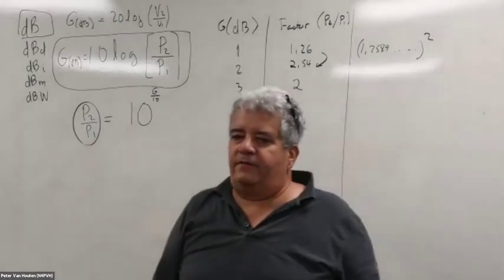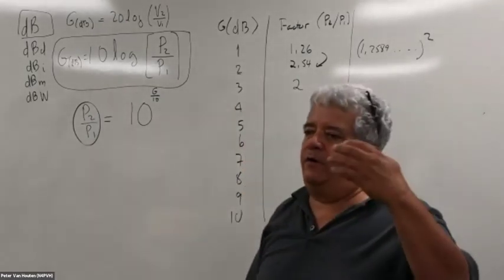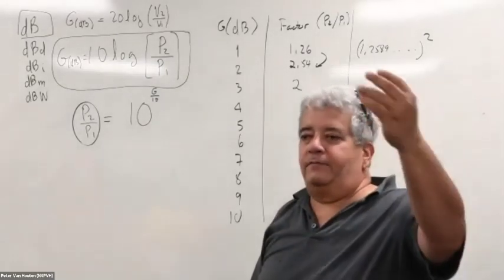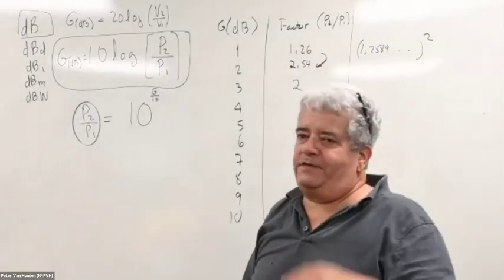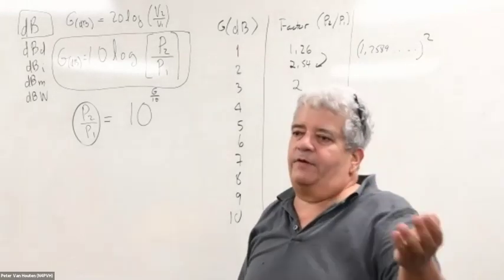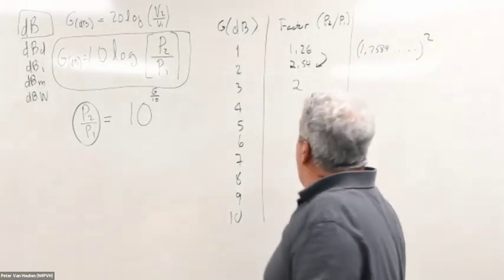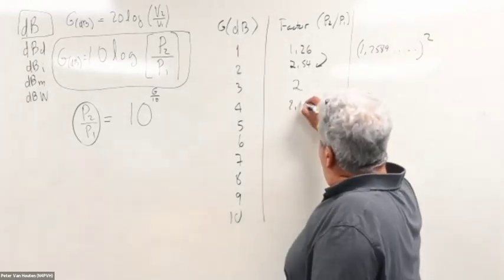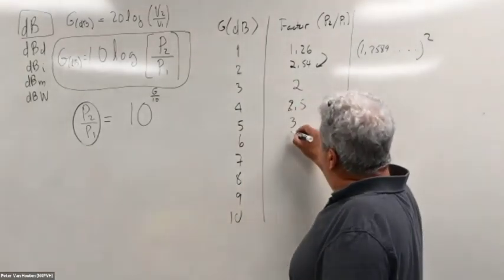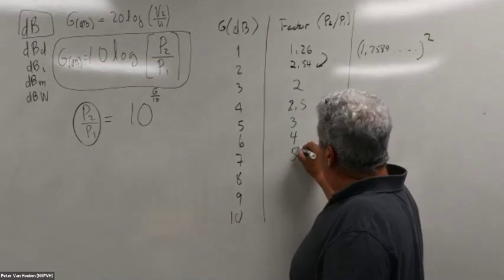So 3 dBs is a power factor of 2, or it could be the opposite. If I am taking 3 dBs off, instead of multiplying by 2, I'm going to be dividing by 2. Okay, so we have here, to do it quickly, 2.5, 3, 4, 5.